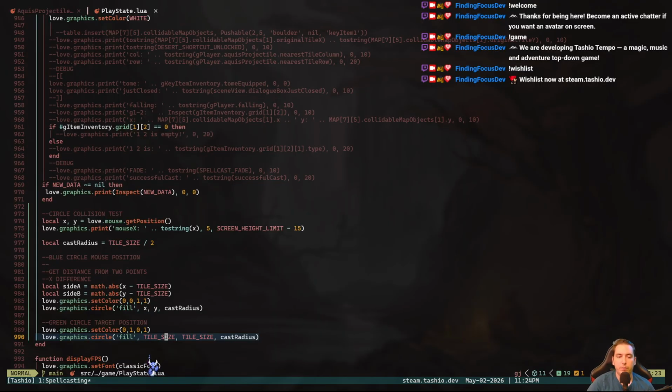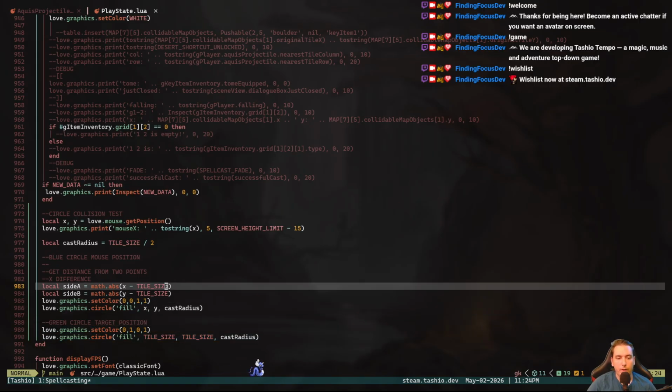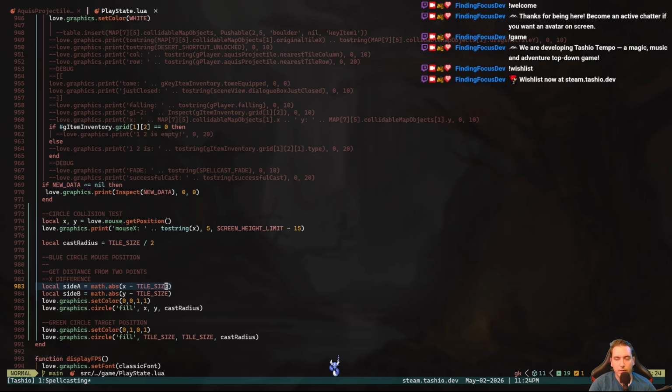Actually, why do we do this? It's because it's the x and y value. So we say x, which is the x position of our, what do we call it, target or us, right?